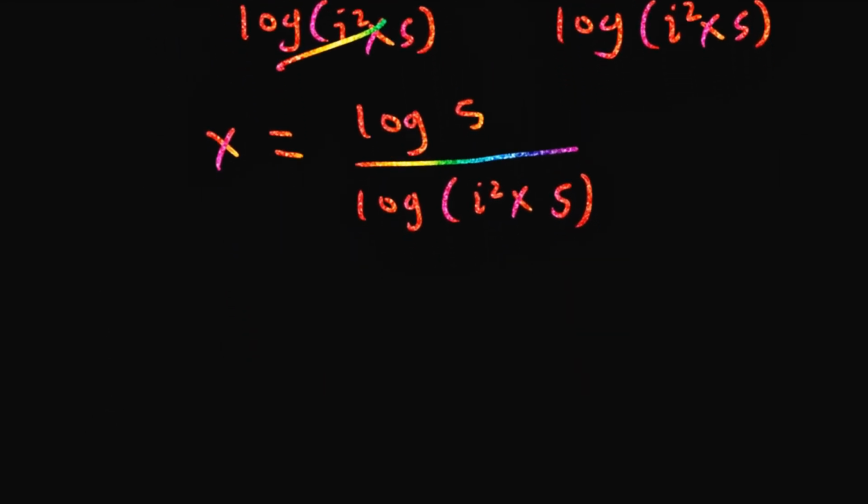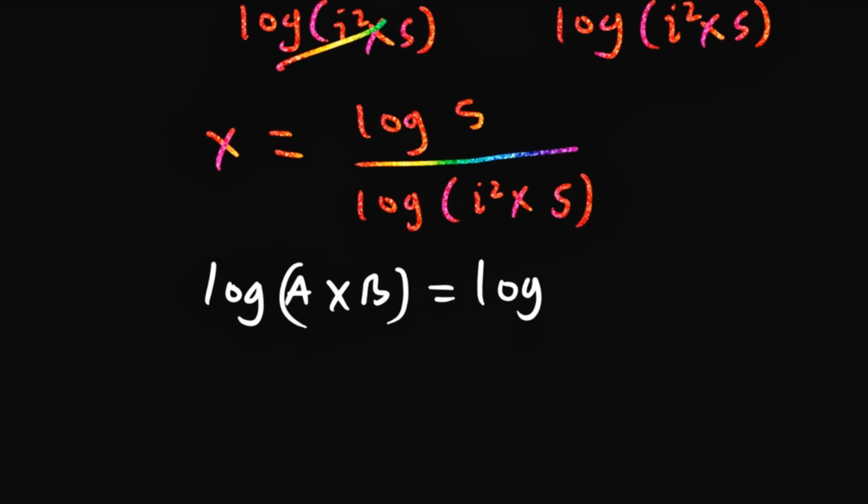We can use the first law of logarithms that says that the log of a times b is the same as log of a plus the log of b. So let us apply that here.